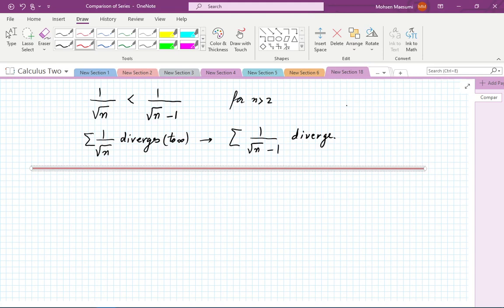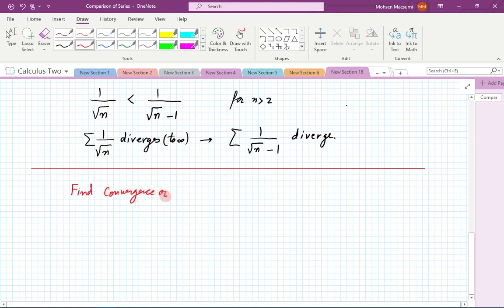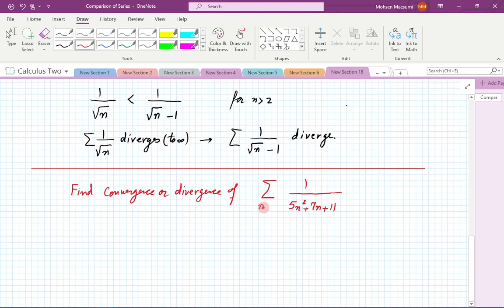Suppose the question is find convergence or divergence of the sum of 1 over, say, 5n squared plus 7n plus, say, 11, starting from 1 to infinity.